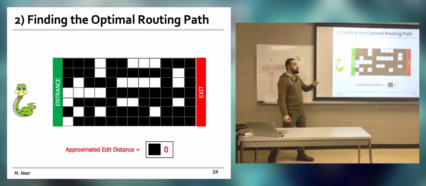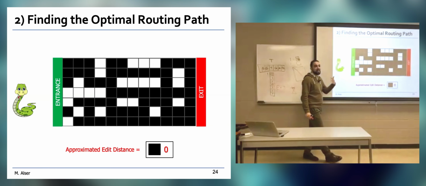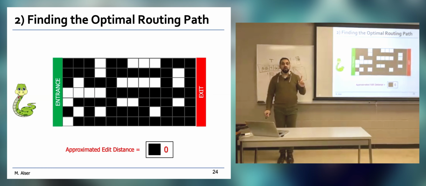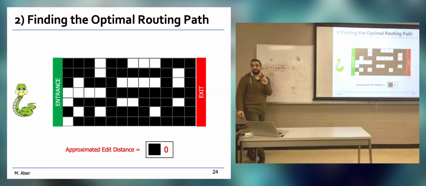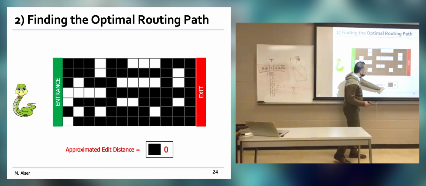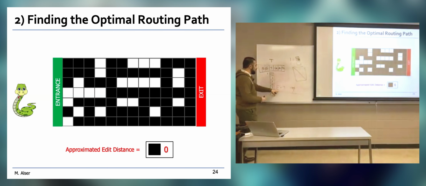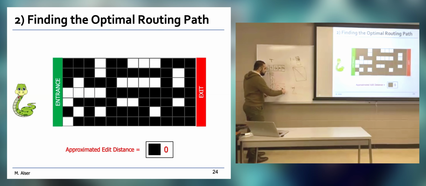However, every time we move from one row to another row, we are paying a cost, and that cost is one edit. Let's see it. Remember, we have E as 3. What does it mean? E equals 3.